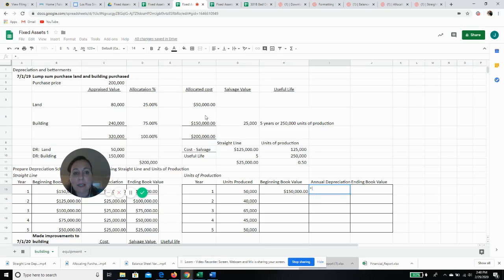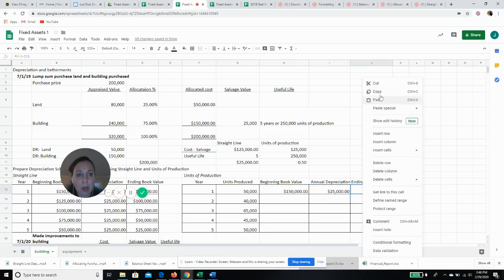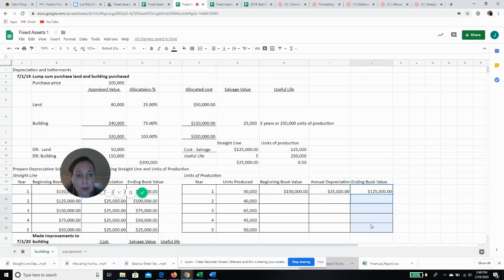So in this case, we've produced 50,000 units times our depreciation rate of 50 cents a unit. And we get $25,000 of depreciation in the first year. Our ending book value, same as in the previous example, is our beginning book value minus our annual depreciation. And I'm just going to copy down that formula so I don't have to waste your time.